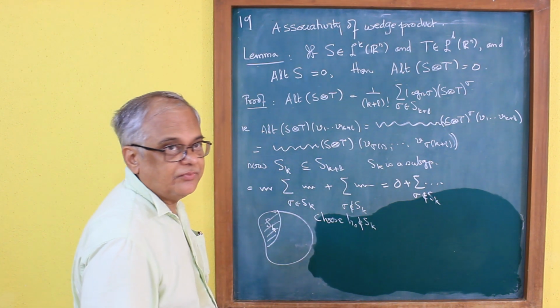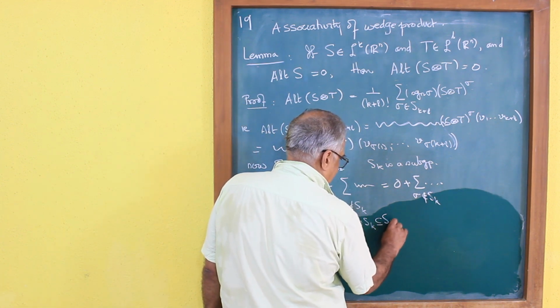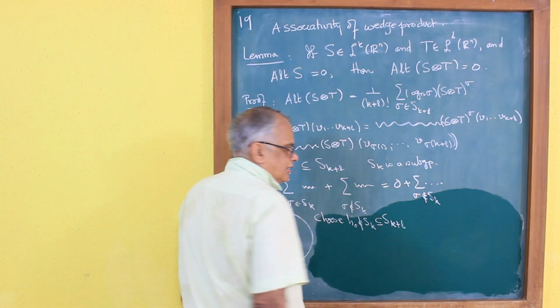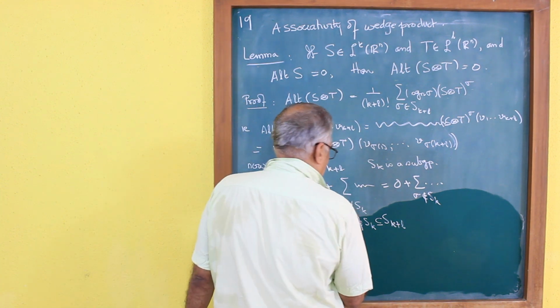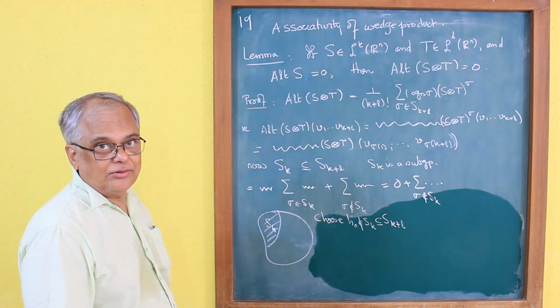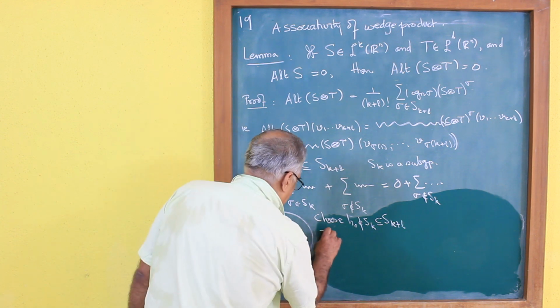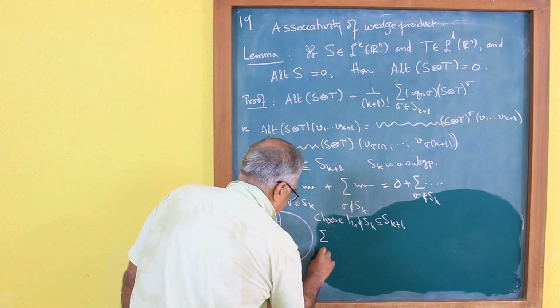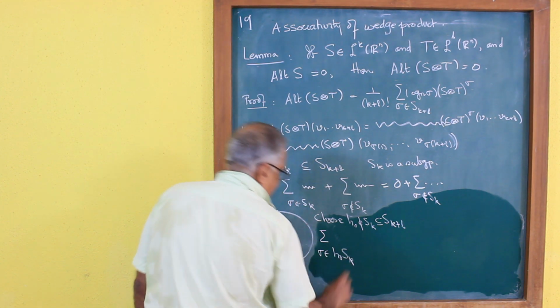Take some permutation which is not in Sk, but of course I'm considering this as something contained in Sk+L. And now I want to look at, previously I looked at only the sum over Sk, and now I want to look at the sum over sigma in h0 Sk.